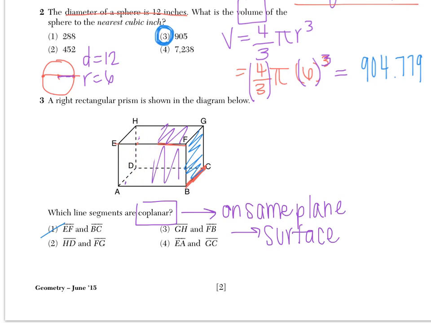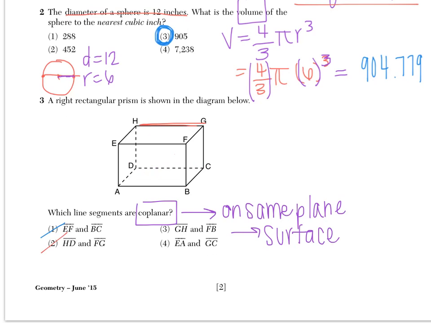And then I'm just going to erase and look at choice 2, HD and FG. This is a similar case. HD can either be on this plane here or this plane in the back, but FG is only on this side plane or the top plane. So we have no coplanar segments in that particular choice. So that's not our choice.